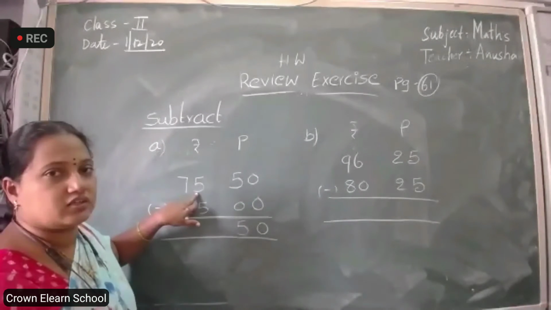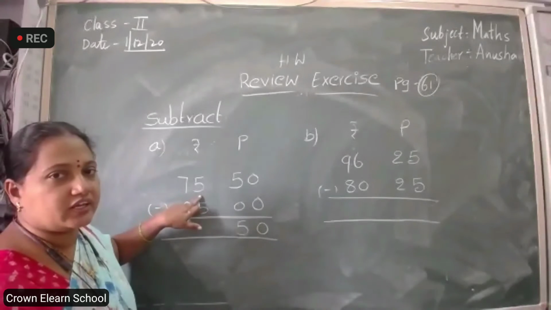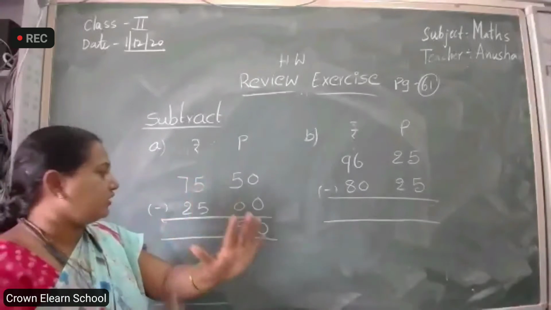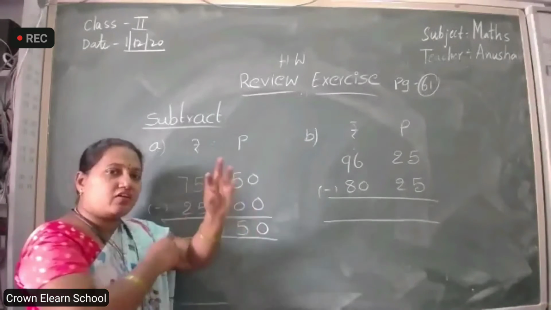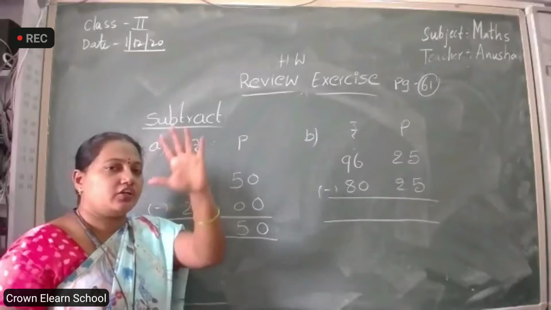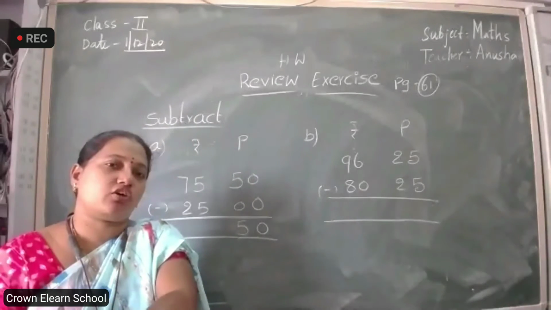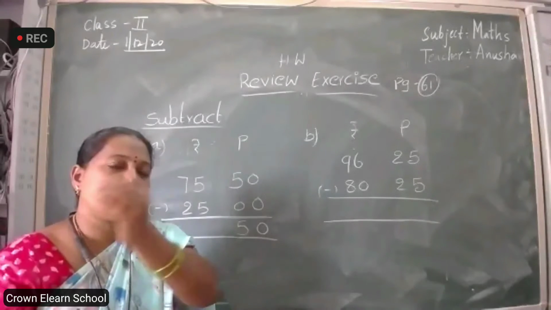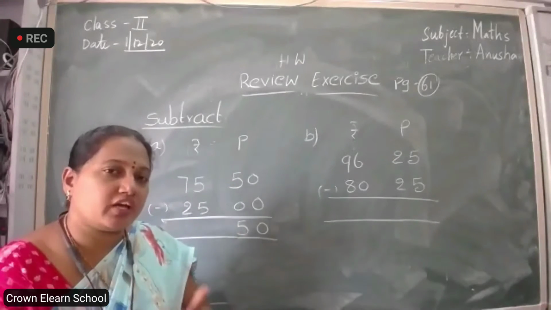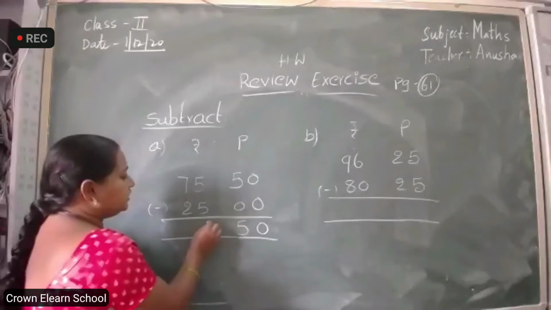Next. How many do you have here? 5. Your friend is asking 5 chocolates. After giving these 5 chocolates to your friend, how many are left with you? 0.